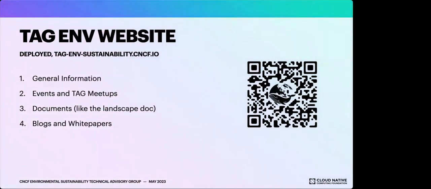We also list documents like the landscape document, maybe in the future also a glossary or the maturity model, or maybe some white papers, the presentation slides, and so on.